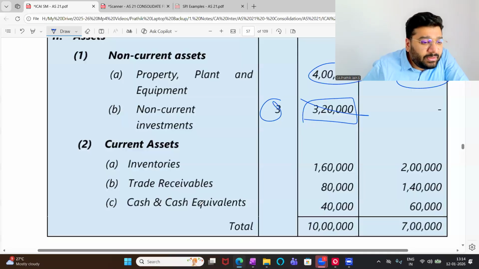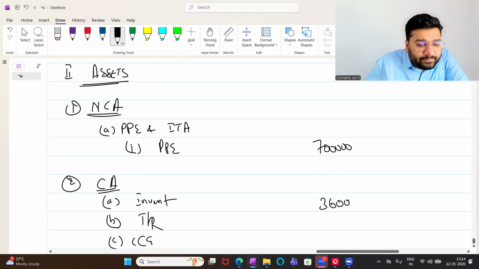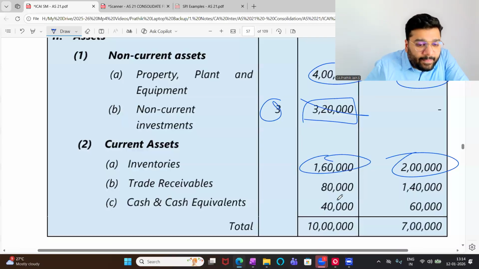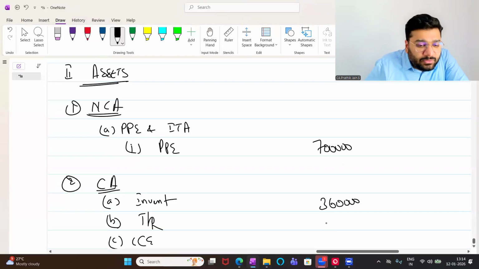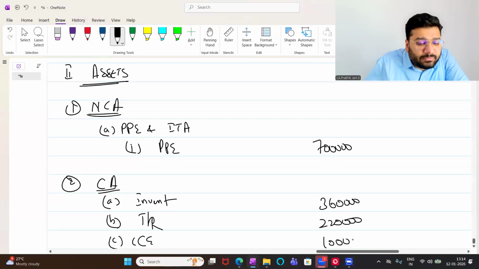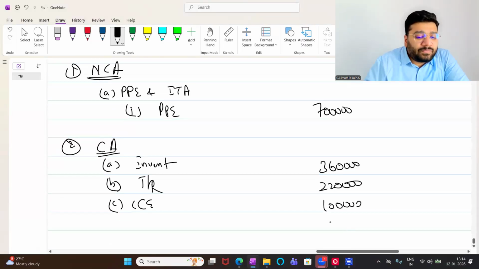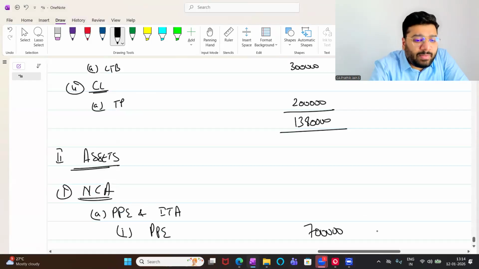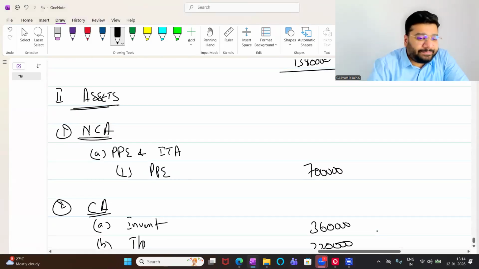You can't do like that. 160 plus 2 lakh is how much? 3,60,000. 80 plus 140 is how much? 2,20,000. And 40,000 plus 60,000 is how much? 1 lakh rupees. How much is total? 13 lakh 80,000. Matching, not matching? Perfectly matching.